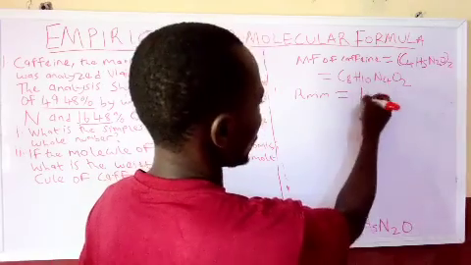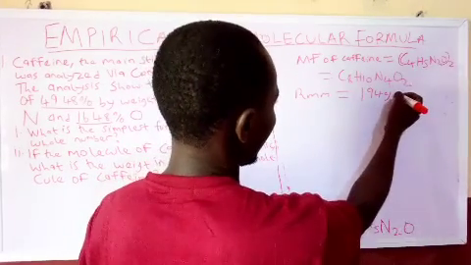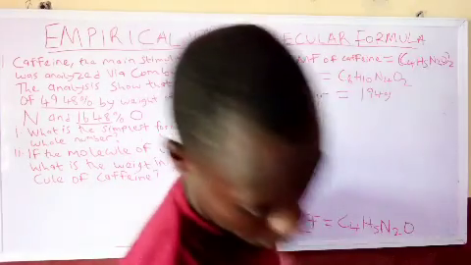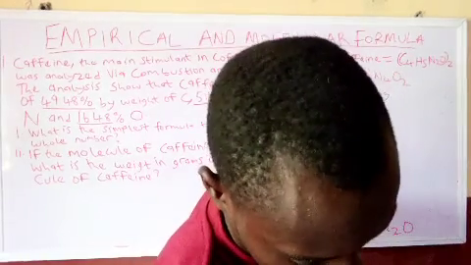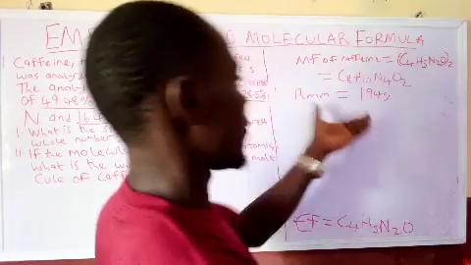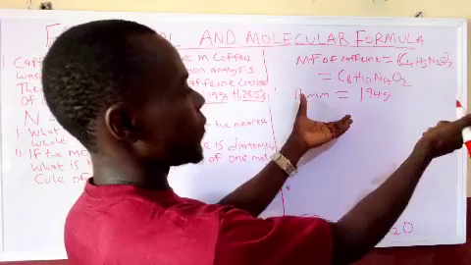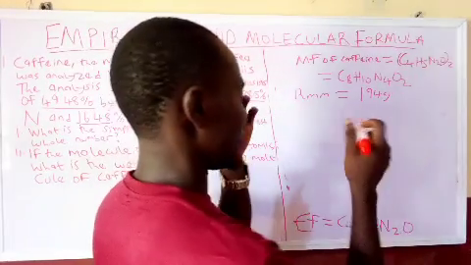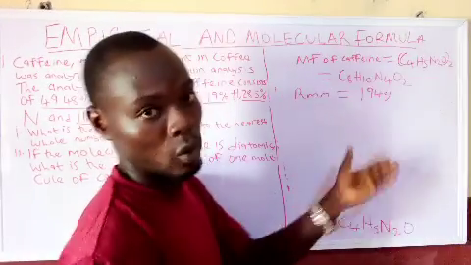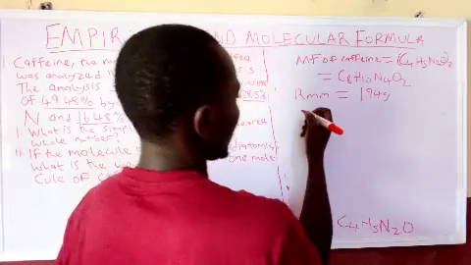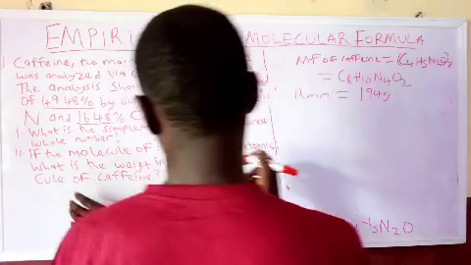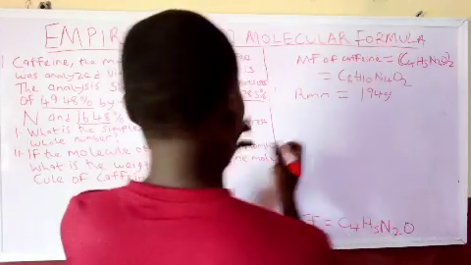When you find it out, you get 194 grams. So the next thing, just like we did in more calculations involving moles and atoms, they now ask what is the mass.